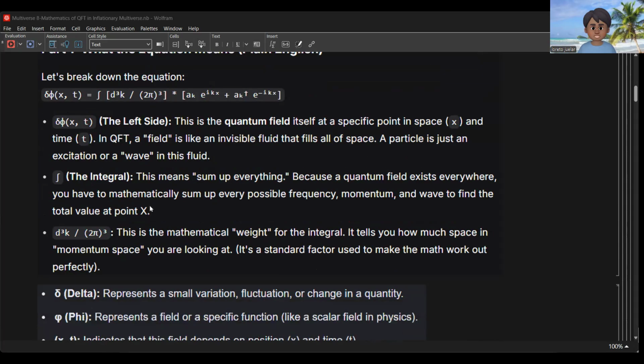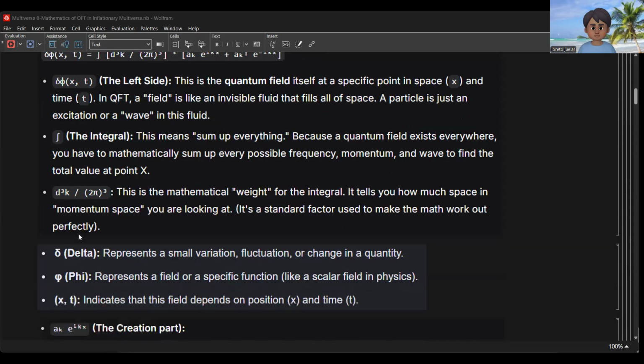And we have the integral here. This means add together waves having every possible wavelength and direction. Then we have this triple integral, the cube of the derivative of p here.